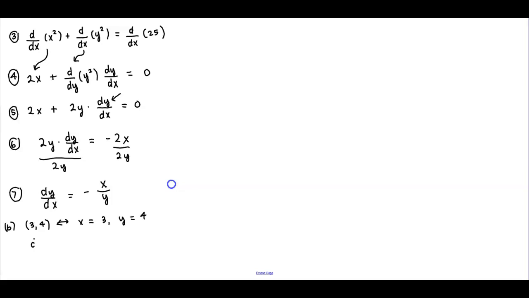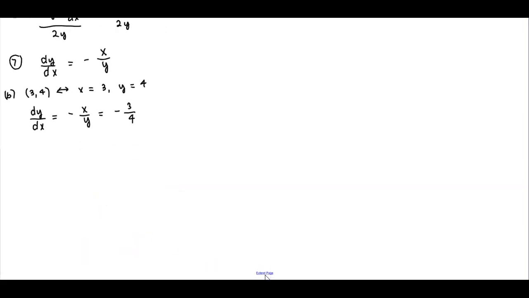We're going to plug that into our derivative. So dy over dx equals negative x over y, which is equal to negative 3 over 4. So what does that tell us?